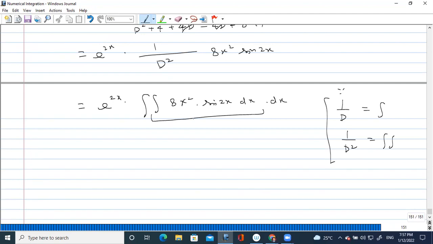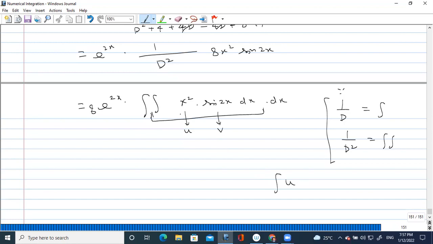So if here you do this single integration, this is again a by-parts method. This term 8 will come out. Don't worry about 8. So just concentrate on this. So this term will work as suppose u, and this term will work as v. So these are two functions of x. So by applying the Leibniz formula, what is that?